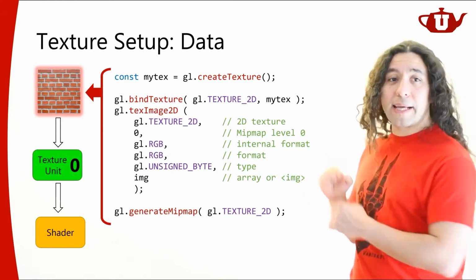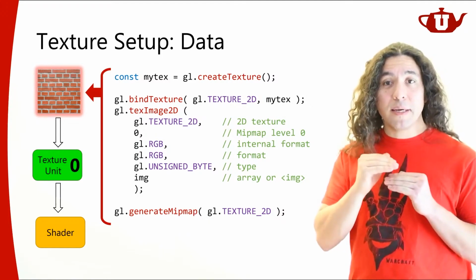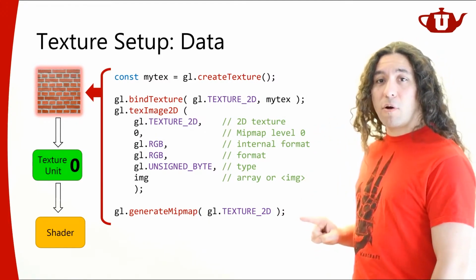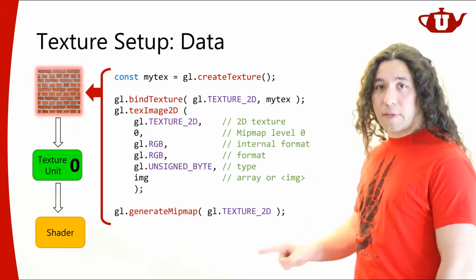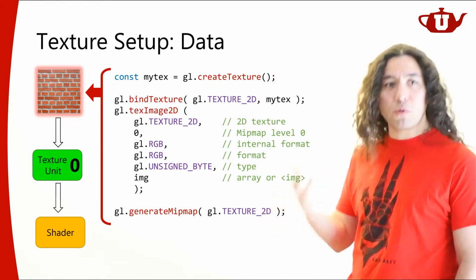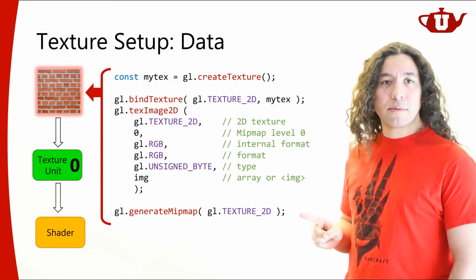Using this call, I can specify all of my mipmap levels manually, or I can just specify level 0, and then I call gl.generateMipmap, and it will generate all of the mipmap levels automatically. My GPU will generate the mipmap levels automatically for me when I call this.